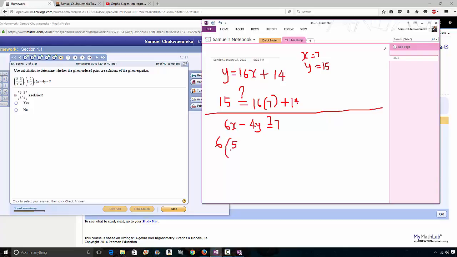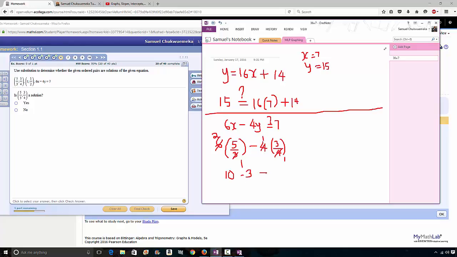You might need to view my videos on fractions to do this if you don't know how to multiply fractions. Minus 4 times y, which is 3 over 4. So 3 into 3 is 1, 3 into 6 is 2, 2 times 5 is 10. 4 into 4 is 1, 4 into 4 is 1, 1 times 3 is 3.